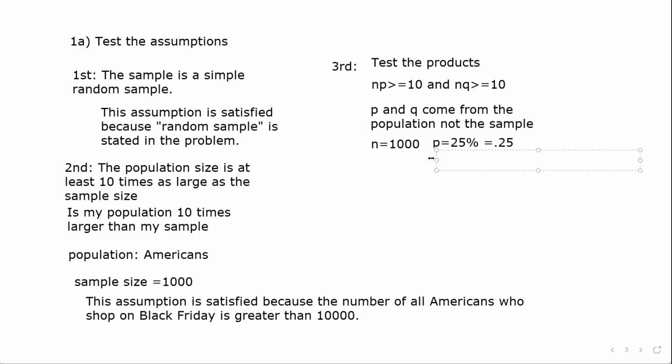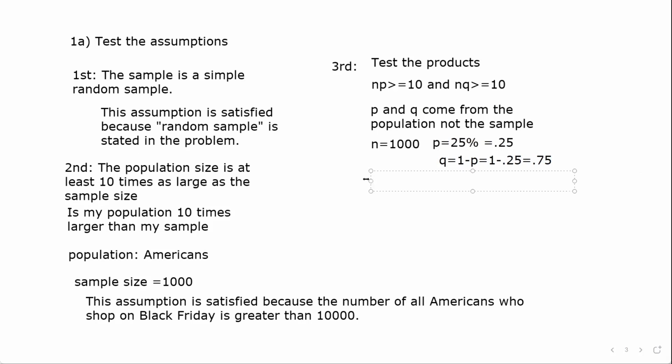Remember Q, go ahead. 1 minus 0.25. Q is 1 minus P, which is 1 minus 0.25. So what is this now? This is 0.75. Let's test this.